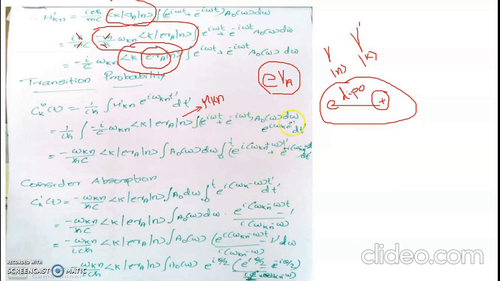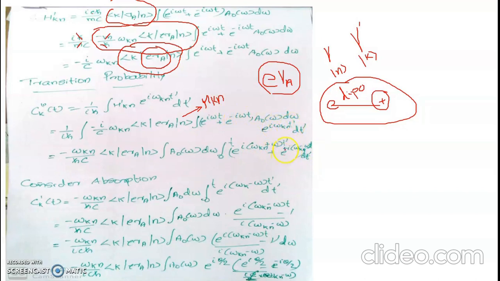We will be multiplying or combining these time dependent terms. Here there is a sum of e raised to i omega t and e raised to minus i omega t. So this bracket is to be opened using e raised to i omega kn t prime dt prime. So this becomes e raised to i into omega t plus omega kn t prime, t prime is taken out, plus e raised to minus i omega t e raised to i omega kn t prime.